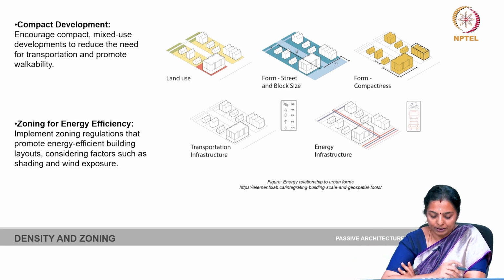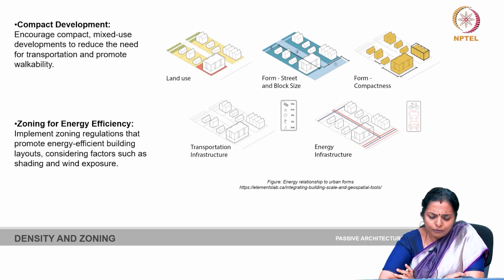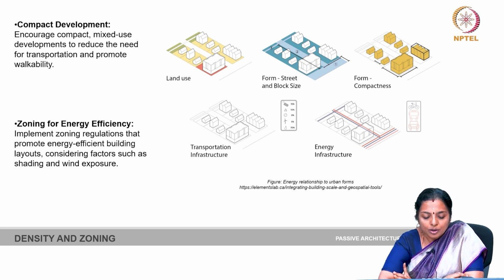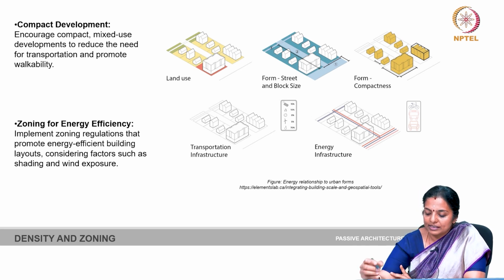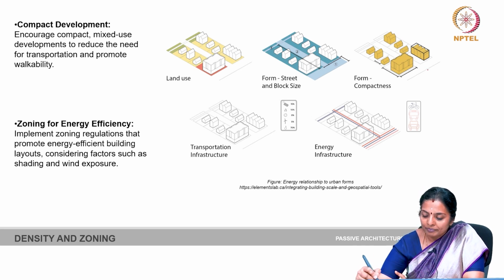If you look at this small sample layout, this layout is not too dense, but it is not too loose also, and a layout of this compactness will do good for wind. There will be adequate breeze in between the houses.